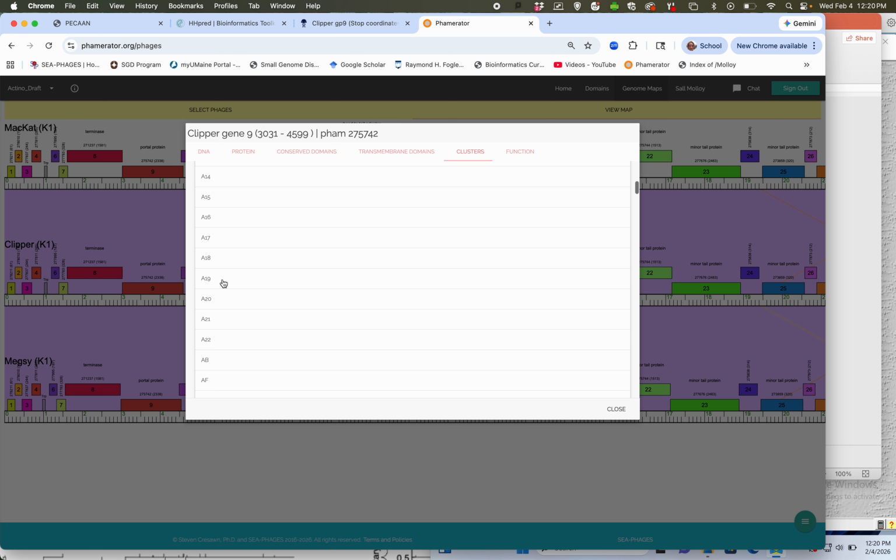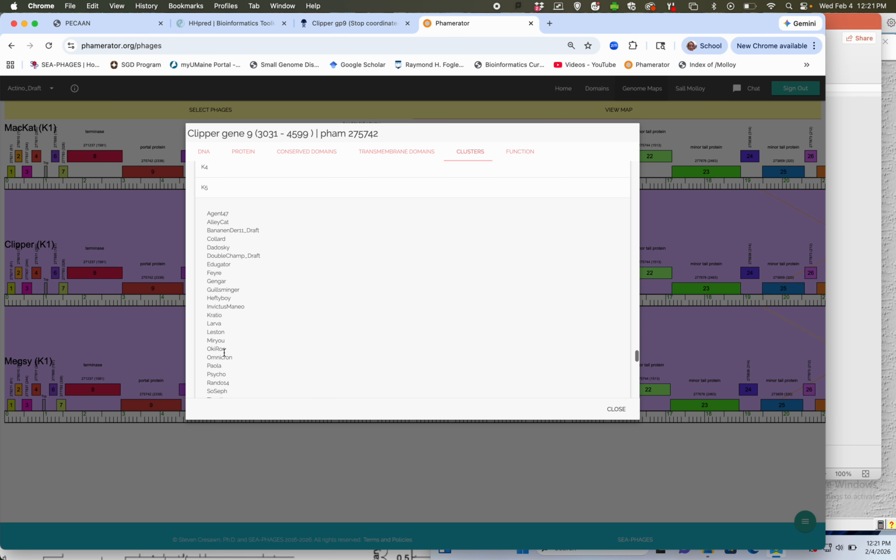The A's, it seems to be in every single subcluster of A, the AZs, it just goes on. And down here are the K's, and Clipper is a K1. You can click on the cluster, and then it gives you specific names within that cluster that have that FAM. And to me, it looks like probably every single cluster K genome has this gene FAM.